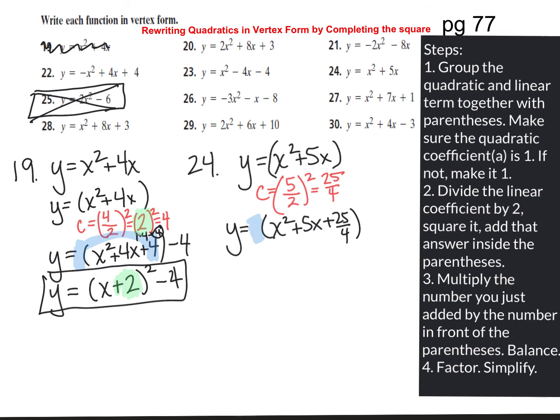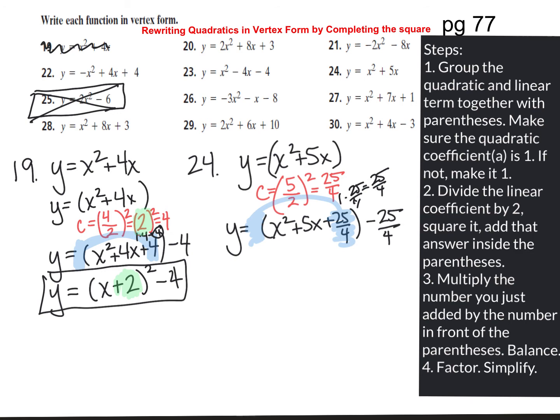I forgot to say I'm checking that coefficient. My coefficient was 1, so I'm okay. But I'm going to multiply the number that's out here by this number. 1 times 25/4 is 25/4. And then to balance that out, if I've added 25/4, I need to subtract 25/4 to balance that out.